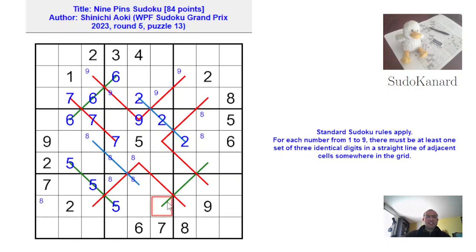But then I think it's time to do some Sudoku, probably. Some standard Sudoku. It makes sense to do standard Sudoku in a Sudoku puzzle, don't you think? So how do we do that? Well, let's remember what Sudoku is all about.